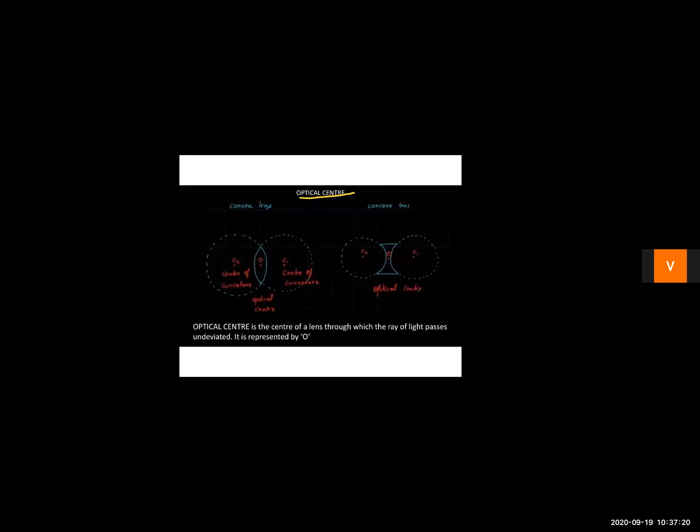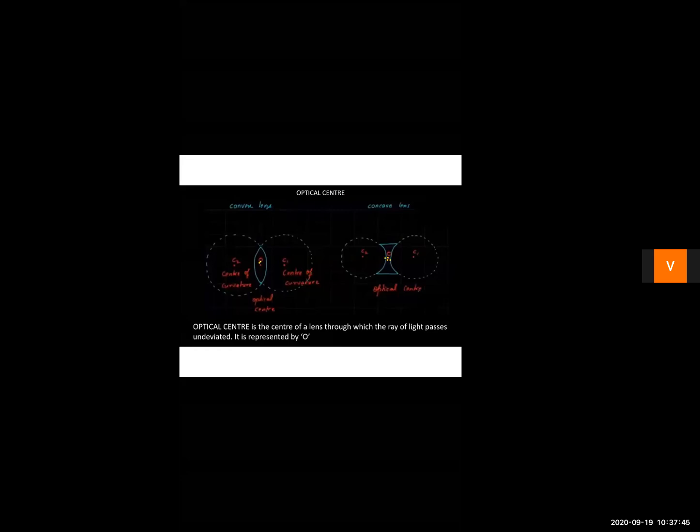Similarly, your optical center is also the center. It is also the center of the lens, right? Optical center is also the point which is at the center of the lens. ये भी center of the lens पे है, right? और अगर इसमें से बेटा any light rays passing, then that light ray will pass straight.